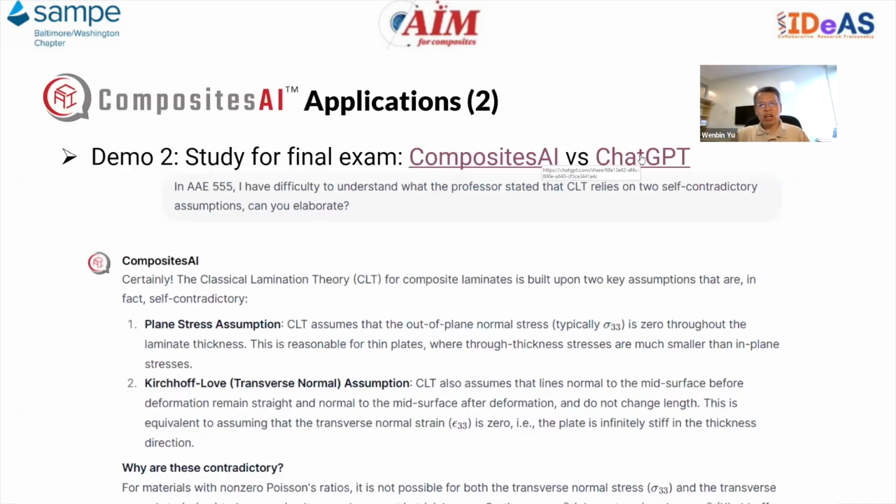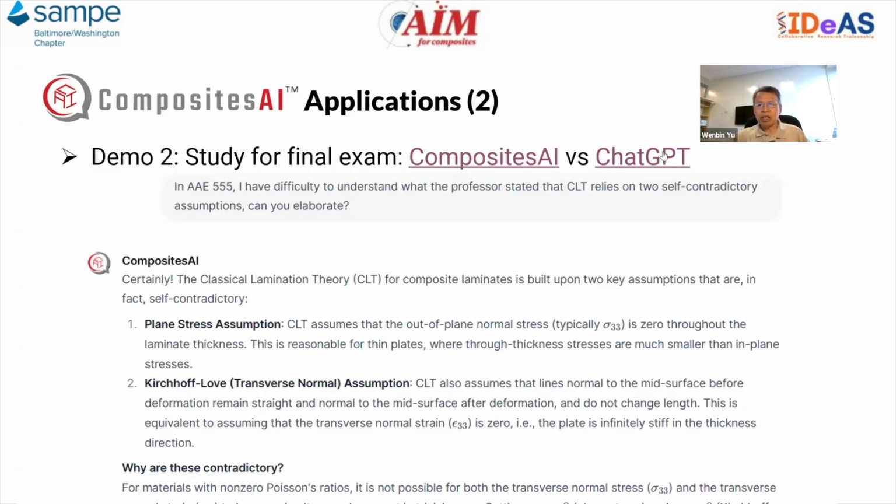And if you ask ChatGPT the same question, then it was talking about all the assumptions classical lamination theory makes, but it really didn't directly address the self-contradiction within the theory itself, which is the plane stress assumption versus the Kirchhoff assumption.